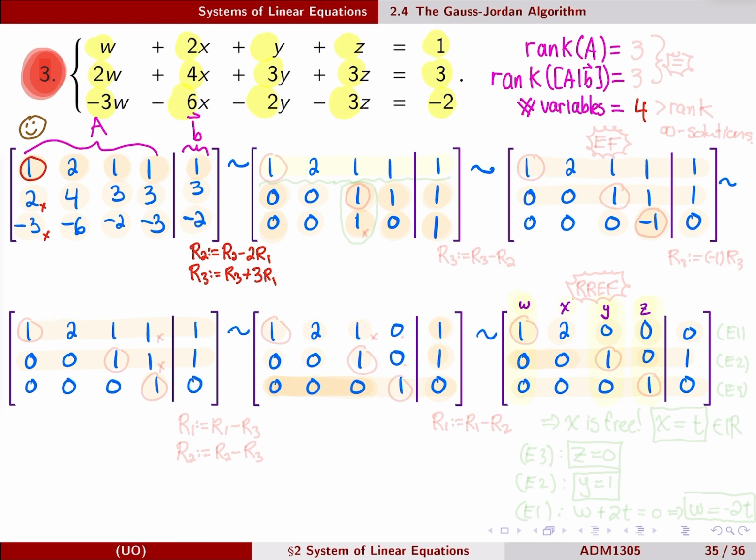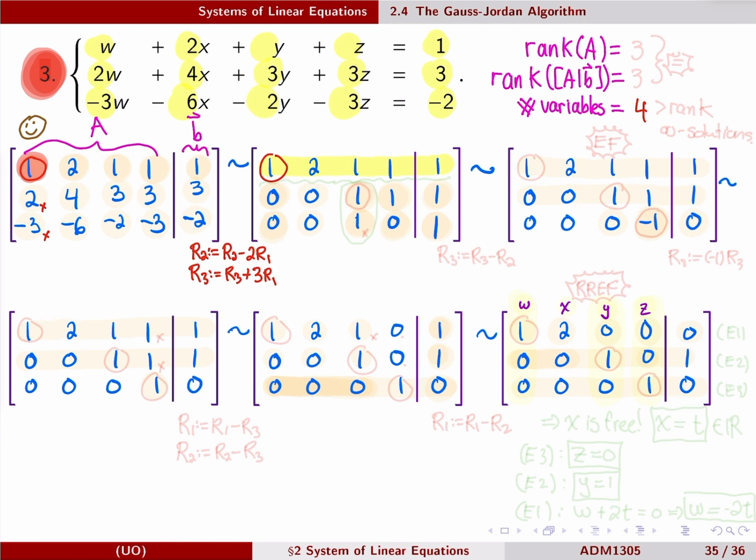Remember, I'm always using my future pivot as my eliminator. When I'm doing these things, anything that does not change, I like to rewrite quickly but carefully. So my first row is written again, untouched, no change. I know my first entry here is going to be my pivot. Now I'm going to compute the rest.